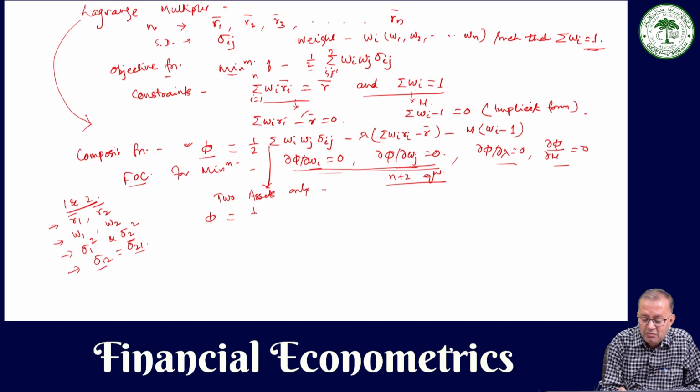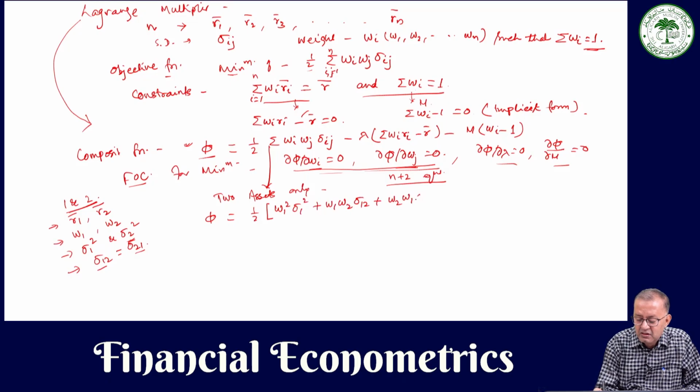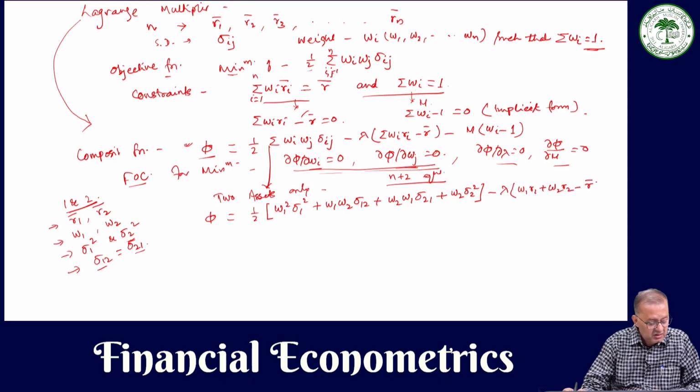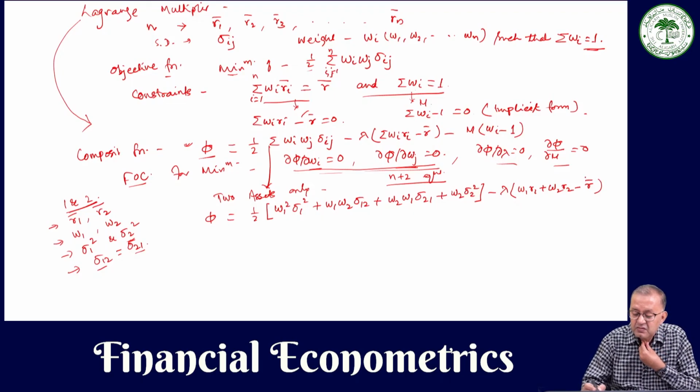This phi can be 1 by 2 sigma w1 square sigma 1 square plus w1 w2 sigma 1 2 plus w2 w1 sigma 2 1 plus w2 square sigma 2 square, minus lambda times w1 r1 bar plus w2 r2 bar minus r bar.